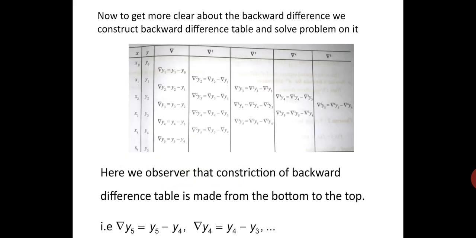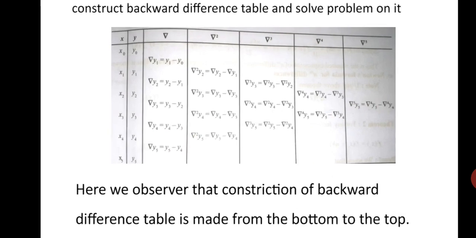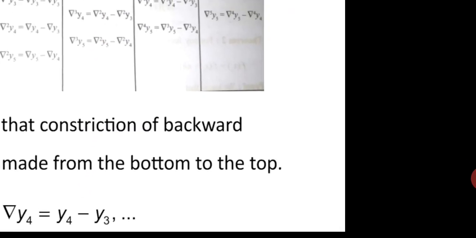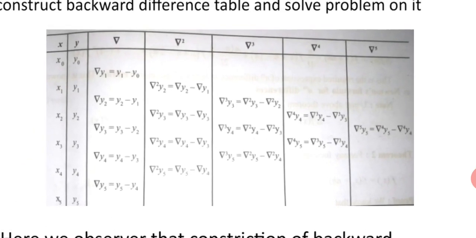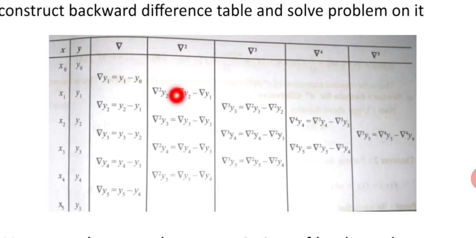Now we are going to construct a backward difference table. The backward difference table is here. We can see that the values of x are in this column and the values of y are here.